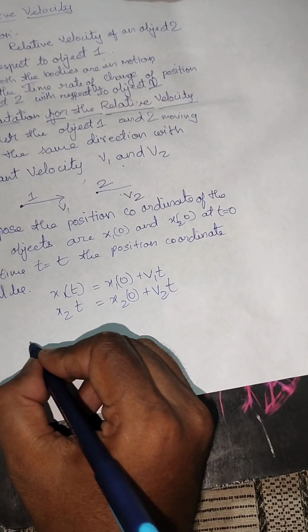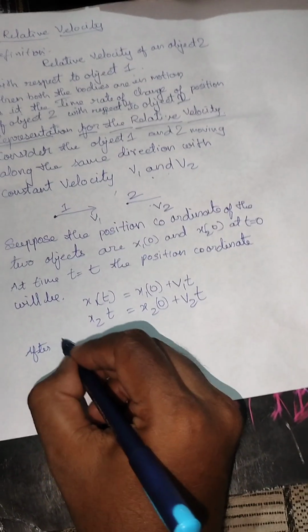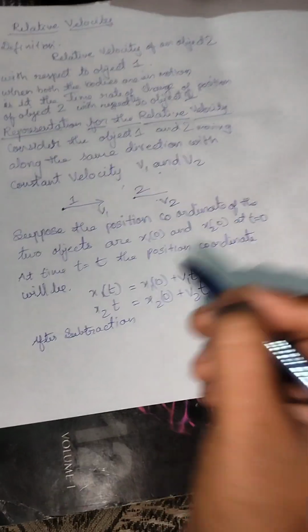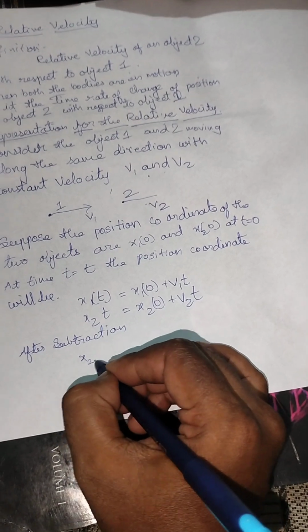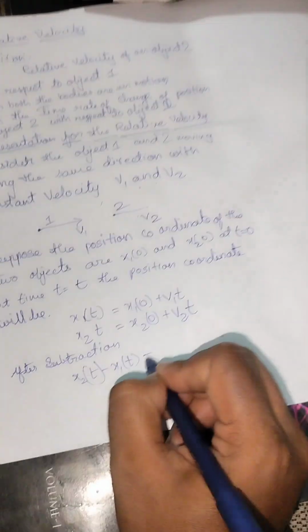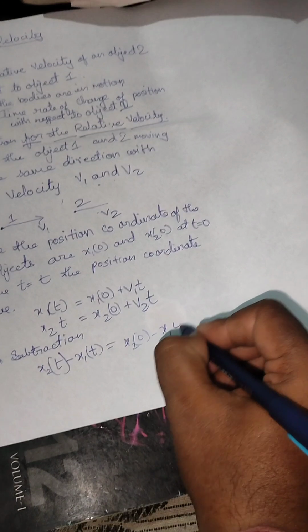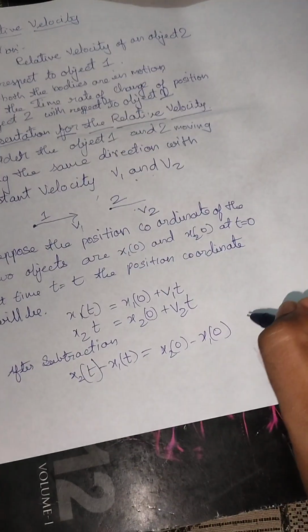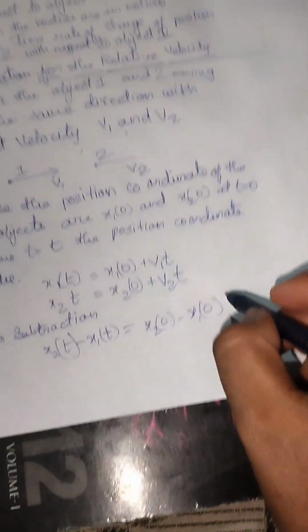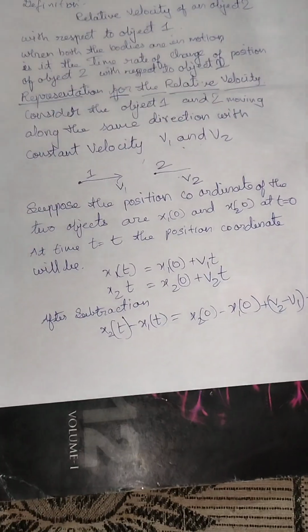After subtracting, the equation becomes x2t minus x1t equals x20 minus x10 plus v2 minus v1 into t.